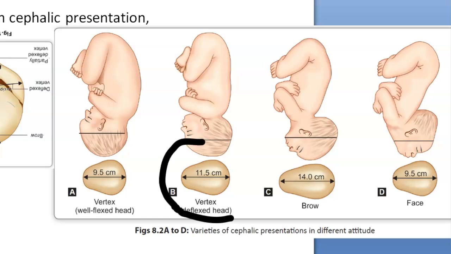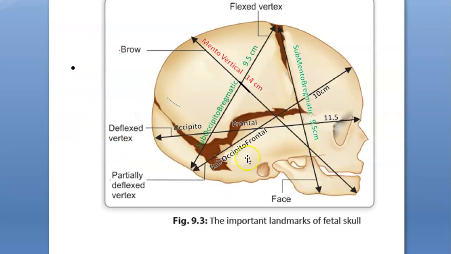11.5. Can you see? So this is again cephalic presentation. Vertex is the presenting part, and this is a deflexed head. This guy is kind of straight, I feel. What do you say? So, 11.5 is what? Frontal, definitely we are sure of frontal. Occipito frontal.